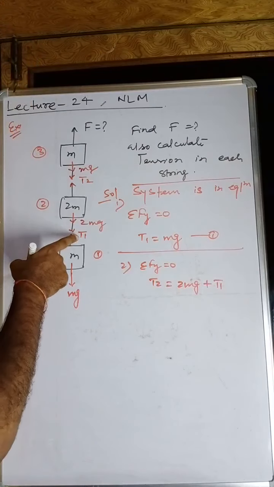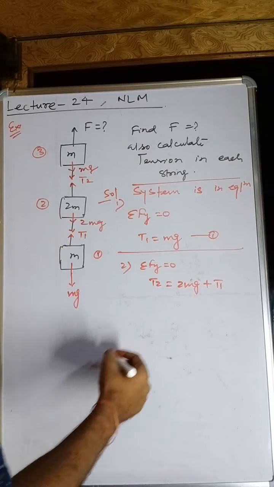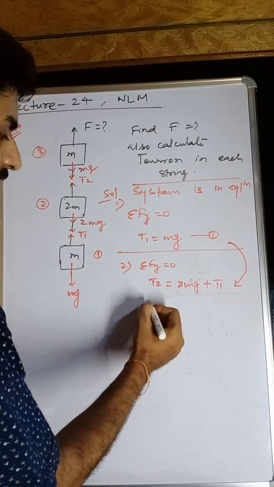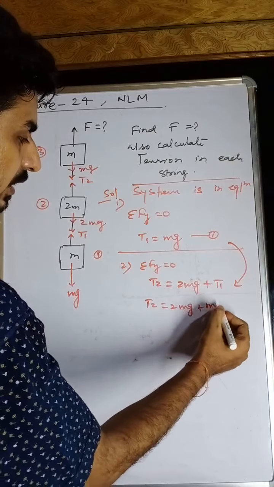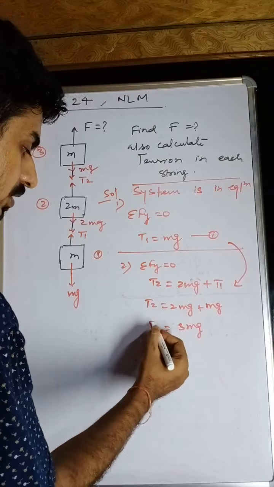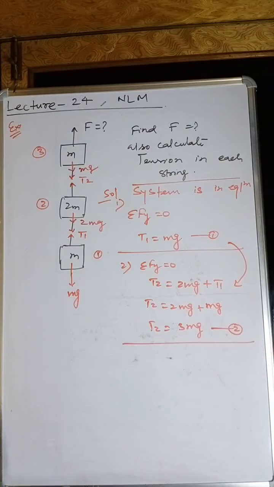You cannot forget this T1 also. Here T1 is also acting through this thread. Now from equation 1 you can put the value of T1: T2 equals 2mg plus T1, it is mg. Altogether it is 3mg. That is T2, equation 2.